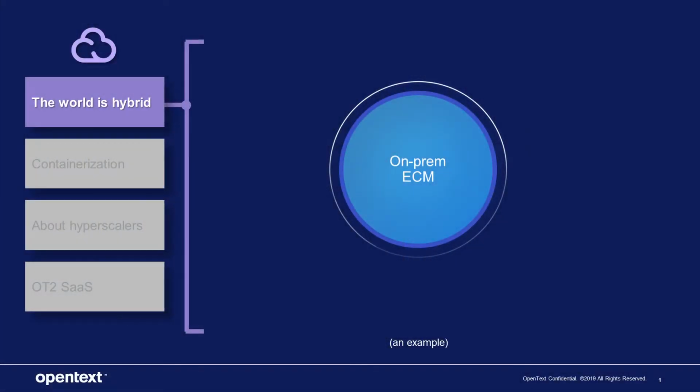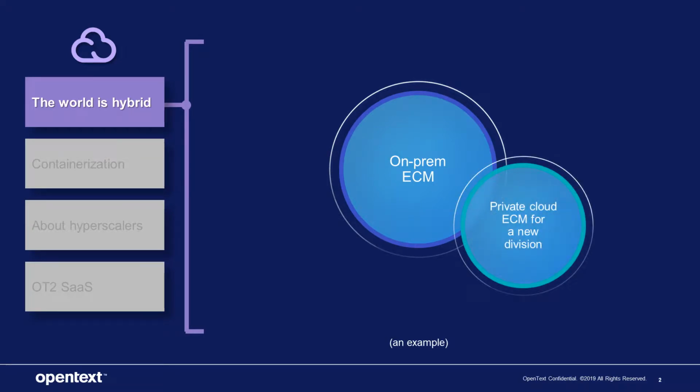and this is going to be a PowerPoint build slide, but in talking to you, we see that your world is hybrid. So this is a fairly typical scenario we see. Especially with this group here, you might be starting with an on-prem ECM solution that you've had for years. Maybe you have a new division where you want to roll out ECM, but you don't want to manage the infrastructure yourself, so you have a private cloud instance there, maybe run by OpenText Managed Services.